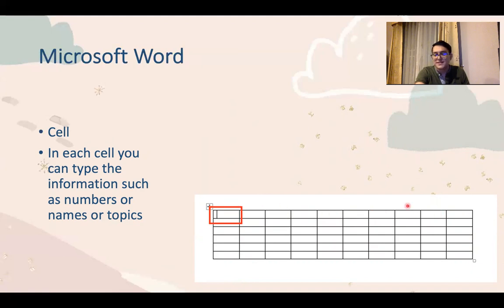We have 10 cells, and all these 10 cells from start to end are one row. Or 1, 2, 3, 4, 5, 6. This one is one column. From the start to the end is the whole row. From top to the bottom is one column.